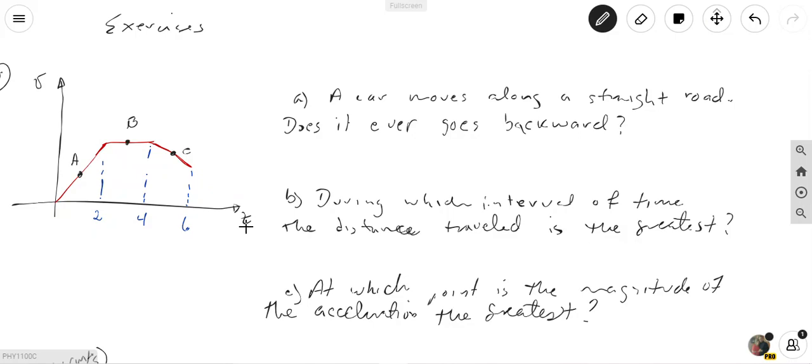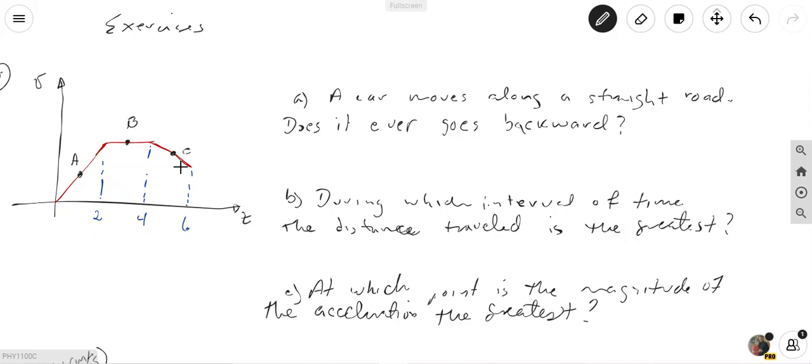This is just the first question. In the interval from 0 to 2 seconds, is it going backwards? In the interval from 2 to 4 seconds, is it going backward? In the interval from 4 to 6 seconds, well, the answer is that this car is never going backwards.